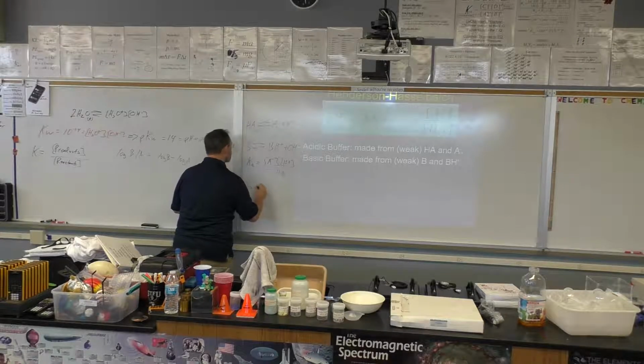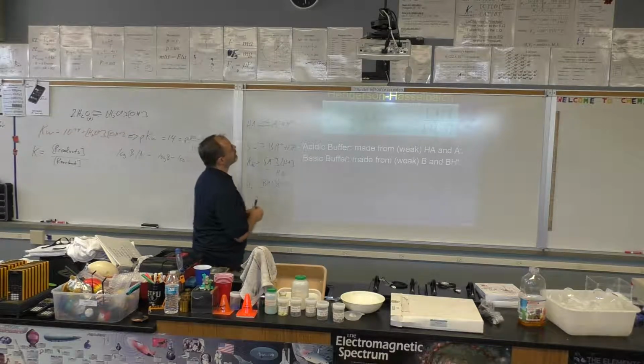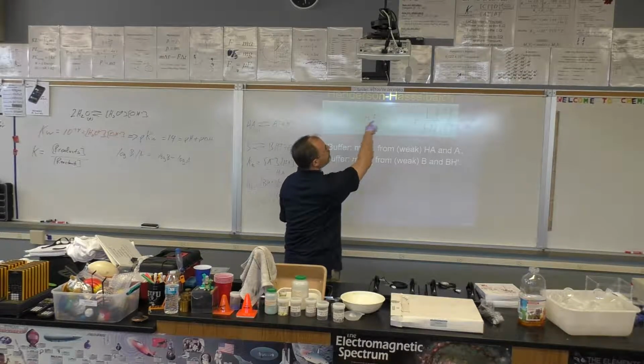Kb is BH plus times OH minus over B, this is actually written right up there, it's that poster I put up last week. Okay, so that.